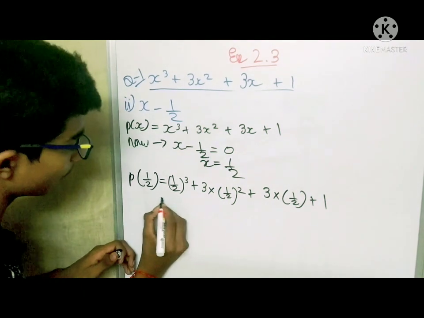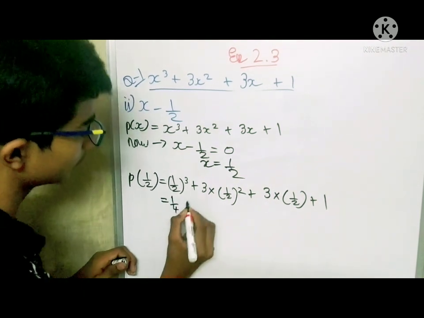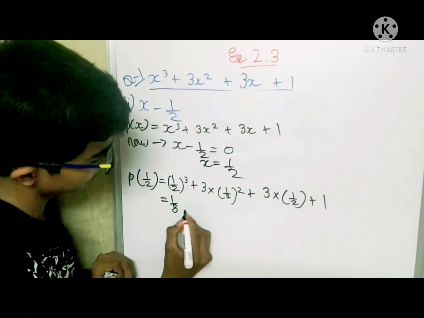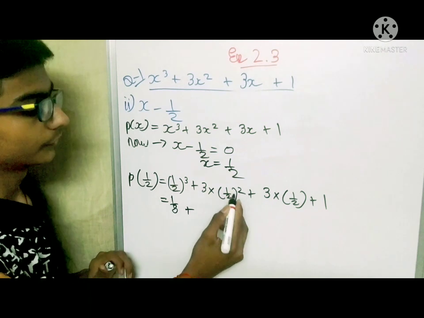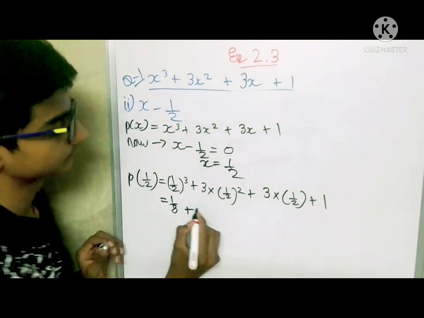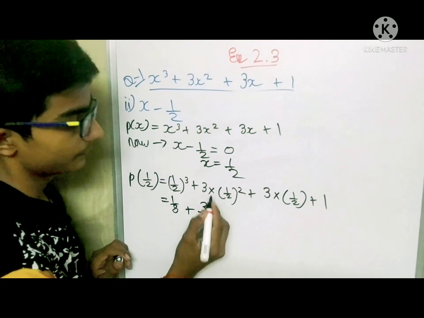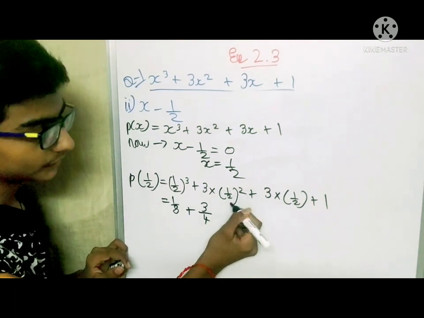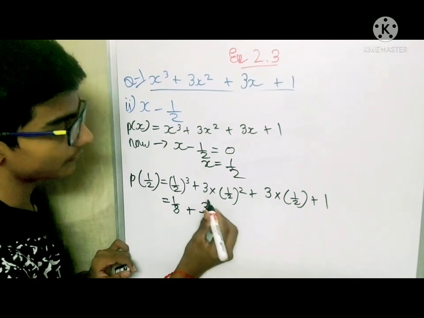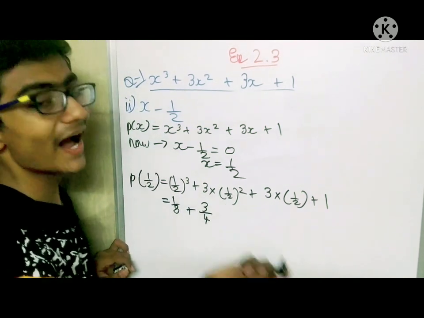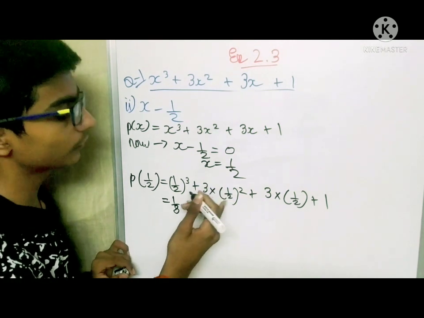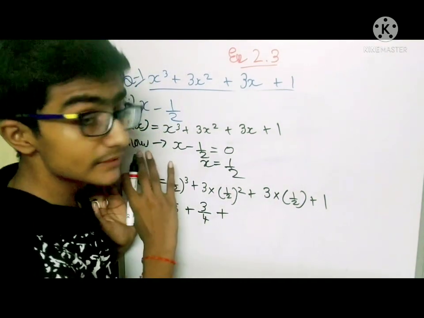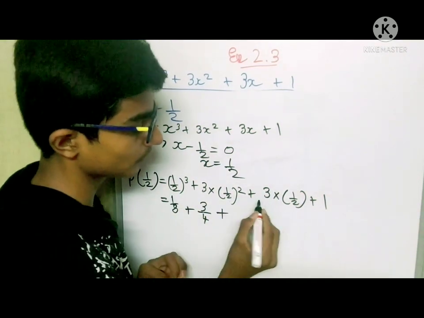So here cube of 1 upon 2 is 1 upon 8, plus 3 upon 4, because square of 1 is 1 and 3 into 1 is 3, square of 2 is 4. Below here nothing is given, so we can cross multiply 1, 2 and 4. Here it will be 4, then 4 and 4. It is really simple. It just seems complicated, but it's really simple.